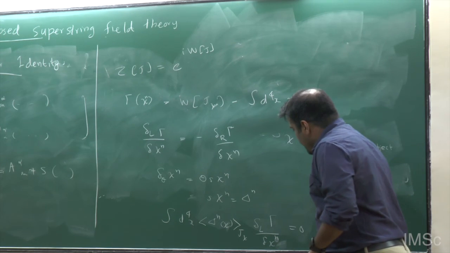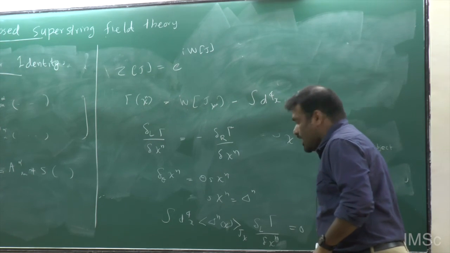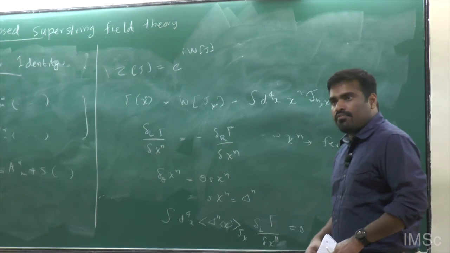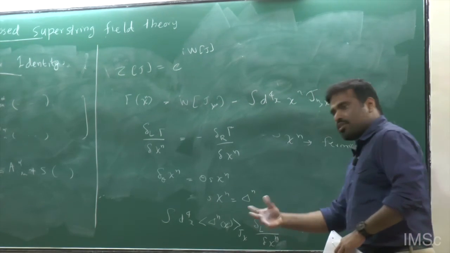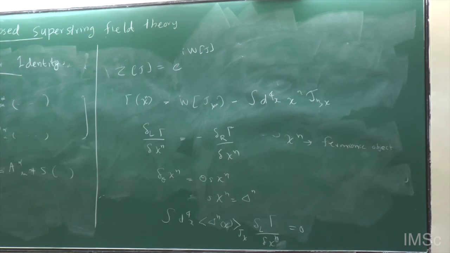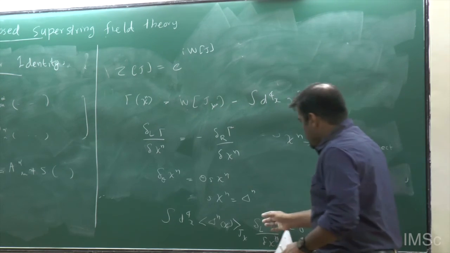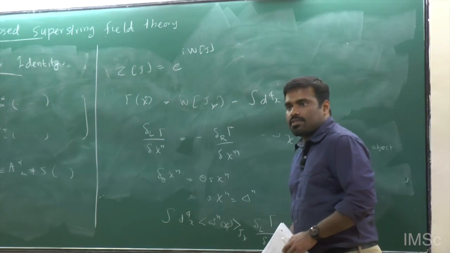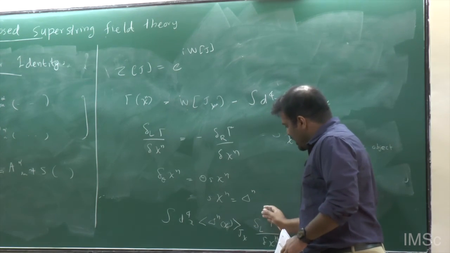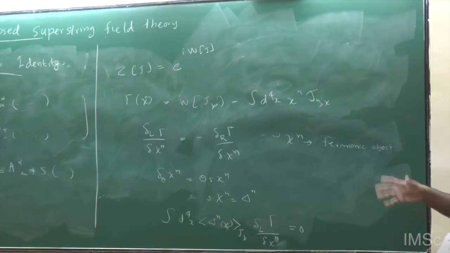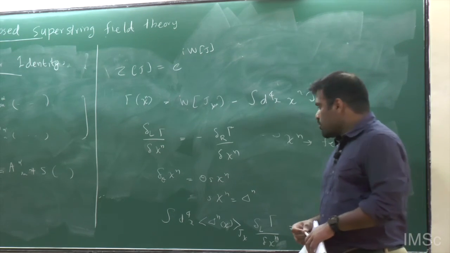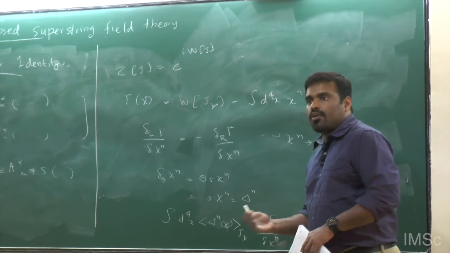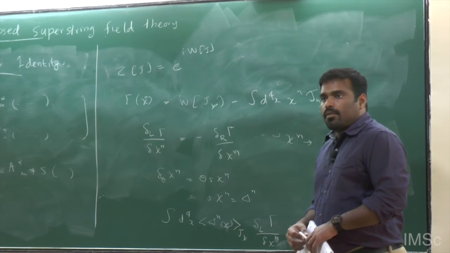acting on the effective action with respect to χ_n. So when you do a derivative on effective action with a field, that's going to introduce a correlation function, right? And then take those correlation functions, multiply with the BRST variation, and then integrate over whole space-time. So this is actually a relation between correlation functions, which involves BRST variations. So whenever you have a correlation function involving BRST variation, it's useful to introduce a source for that composite operator, right?